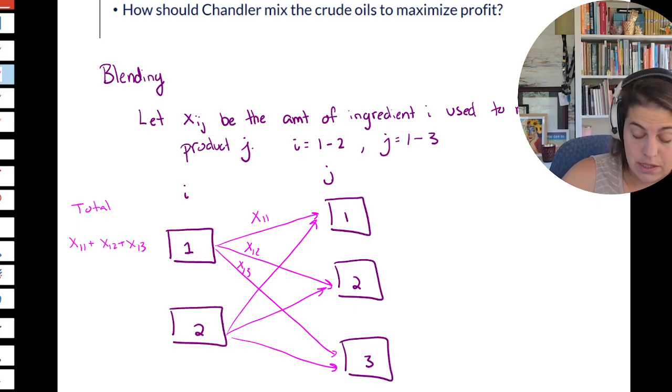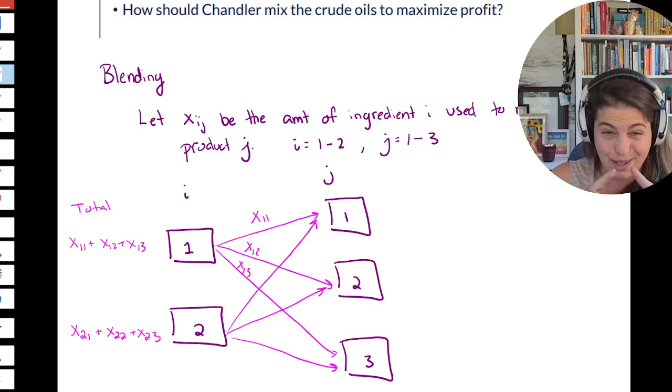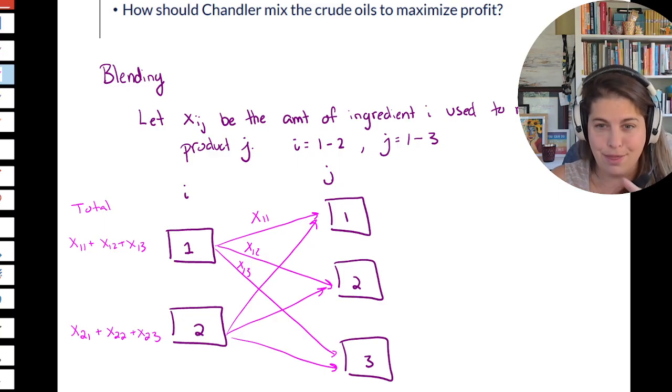The total amount of ingredient 2 is x21 plus x22 plus x23. Right? It's the amount of ingredient 2 going into product 1, product 2, product 3.